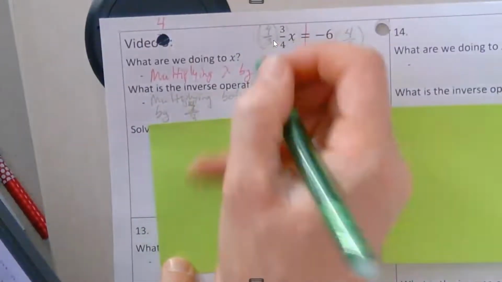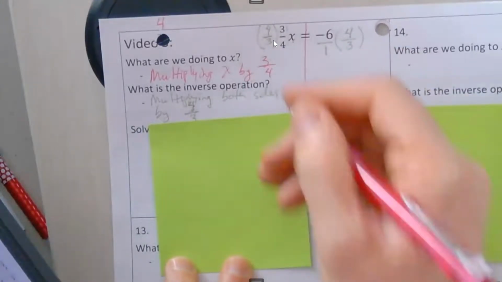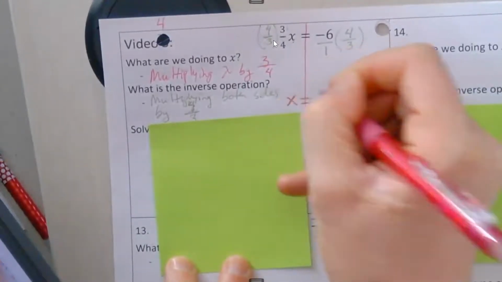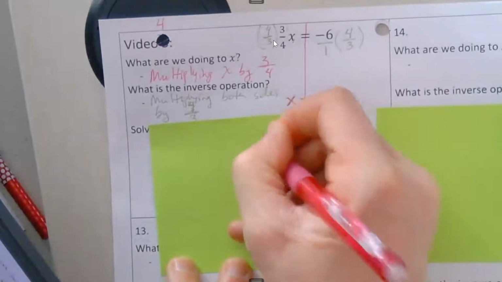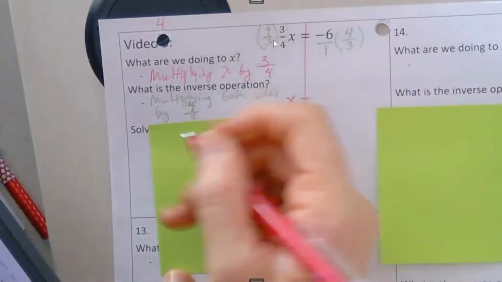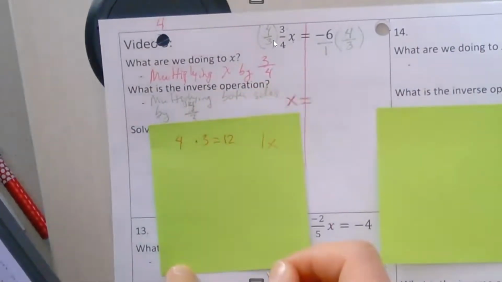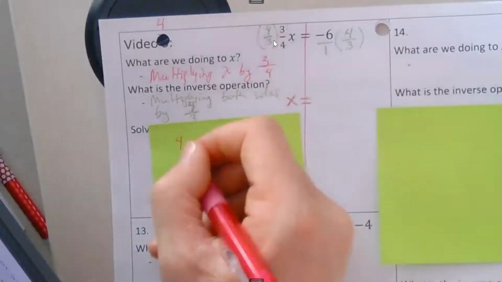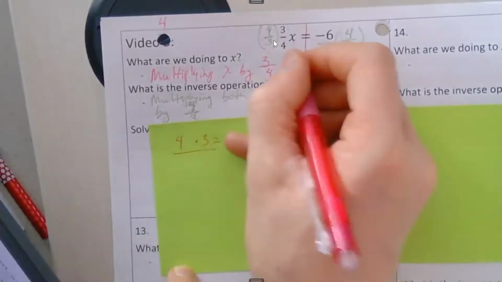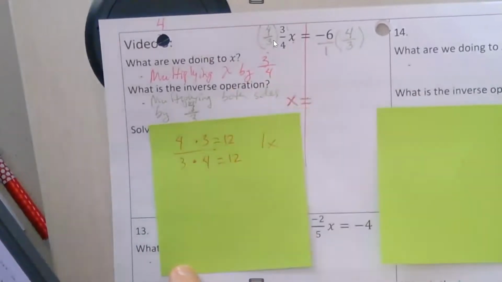So we're doing this because we want to get x by itself. We're trying to get 1x, right? So here's how we get 1x. 4 times 3 equals 12. That's the numerator. 3 times 4 equals 12.